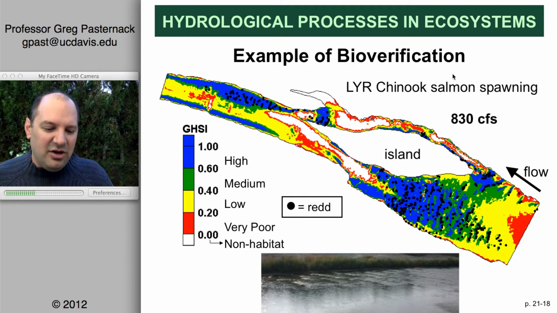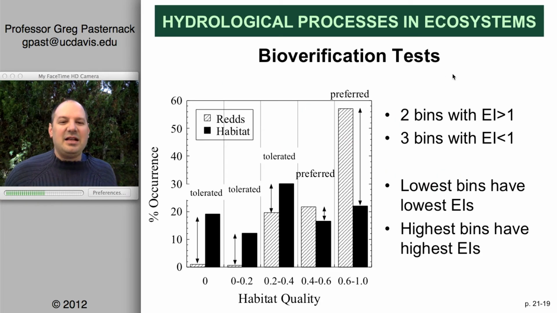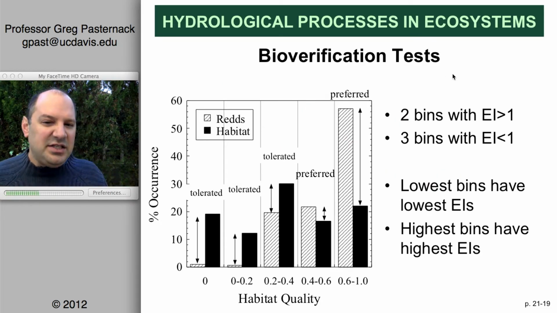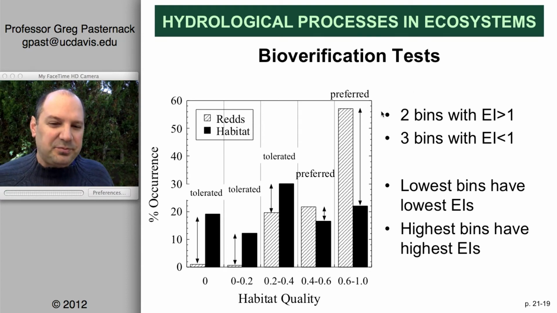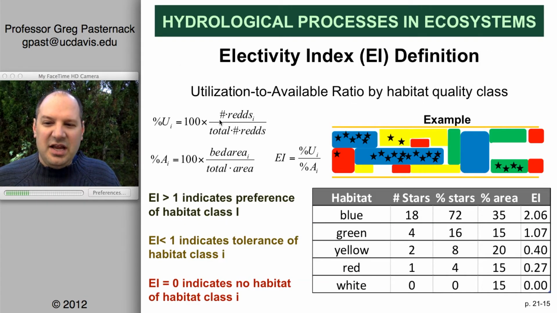So if I now calculate essentially the electivity index, I'm doing an intermediate step. Instead of showing you the electivity index, I'm showing you the percent occurrence and the percent area. So this is percent UI and percent AI.